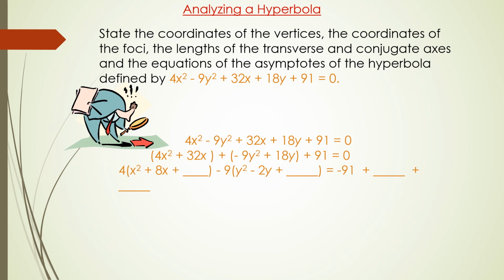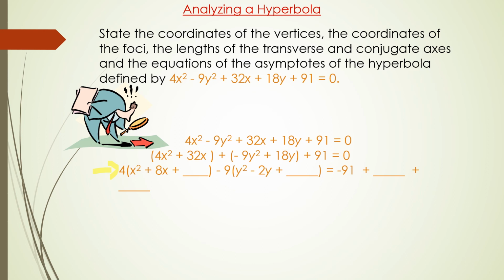So, factoring out 4, what remains inside the parenthesis is x squared, and 32 divided by 4, so 4 times 8x is 32x. Self-check: if you distribute your factored term, it should result in the previous step. If not, your factoring is wrong, most especially with the sign. No problem if it's plus since nothing changes, but if it's minus, be careful.